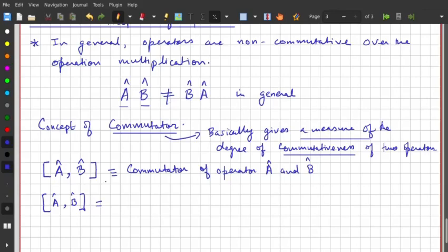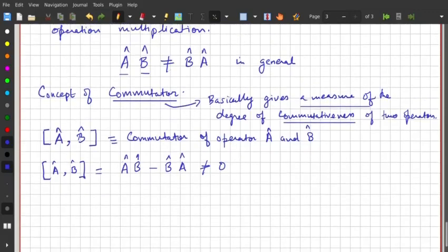So the definition is A hat B hat minus B hat A hat. In general, the commutator of A hat and B hat is not equal to 0. That is the most important idea, the generic idea of what we mean by a commutator.